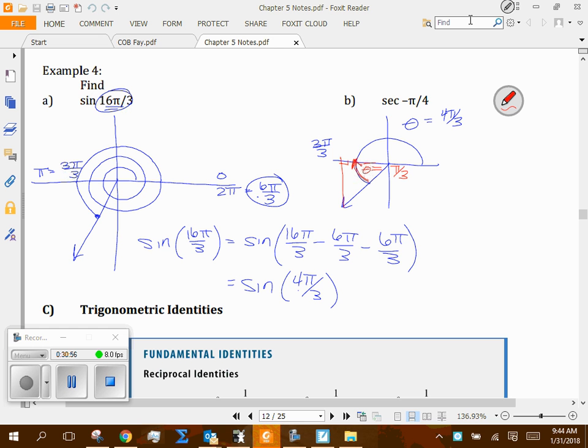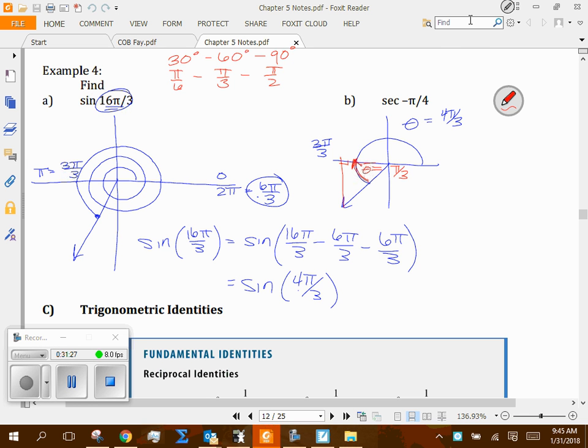So pi over 3, you might want to make the link that pi over 3 is exactly how many degrees? 60. So that is a 30, 60, 90 triangle. A 30, 60, 90 right triangle in degrees is exactly the same thing as a pi over 6, pi over 3, pi over 2 right triangle in radians.